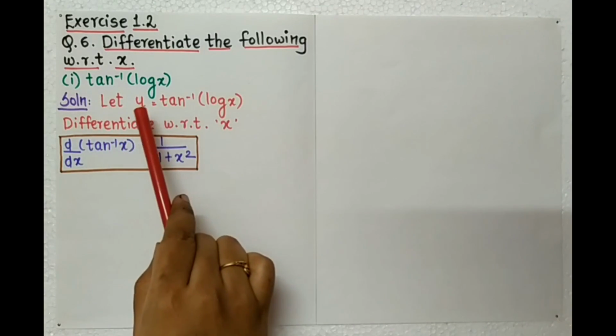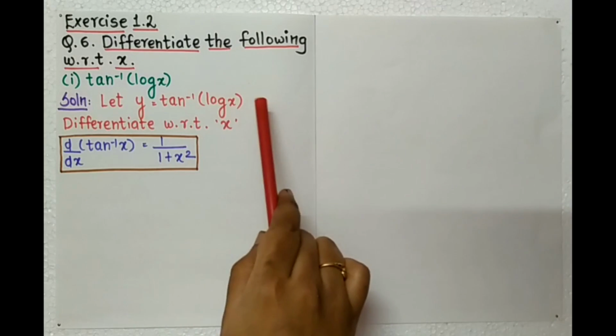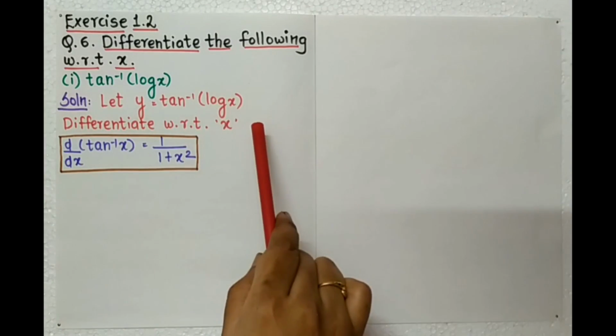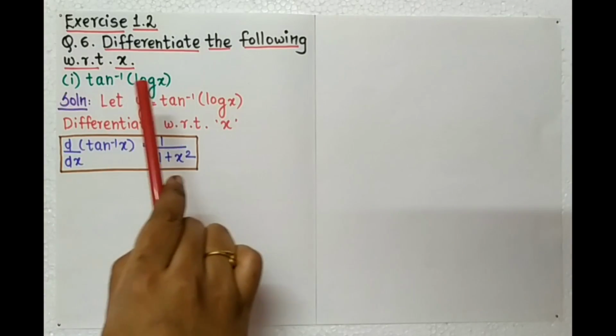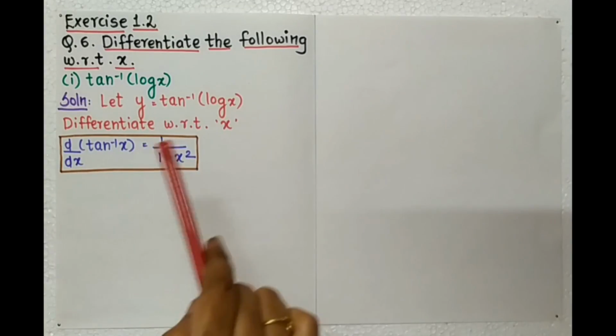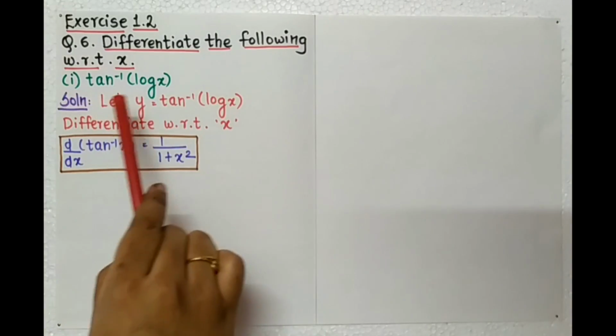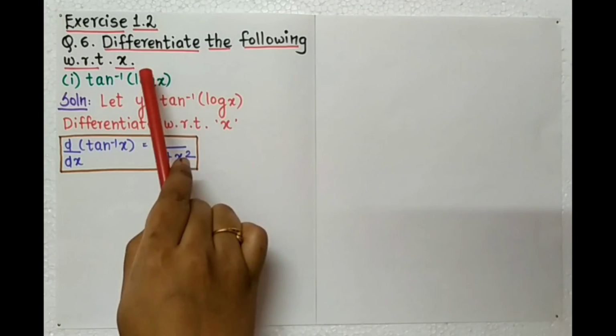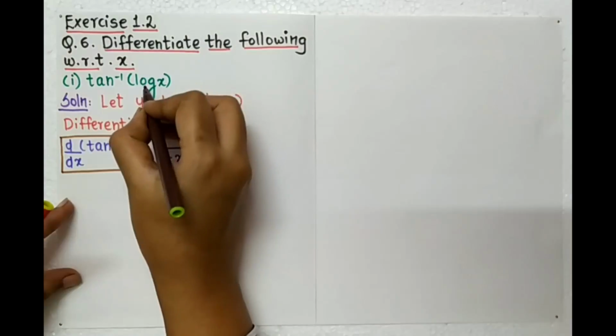First we let y equal tan inverse log of x. Then we differentiate with respect to x because the function is given in terms of x. And here we can notice that it is a composite function. In place of x we have log x.